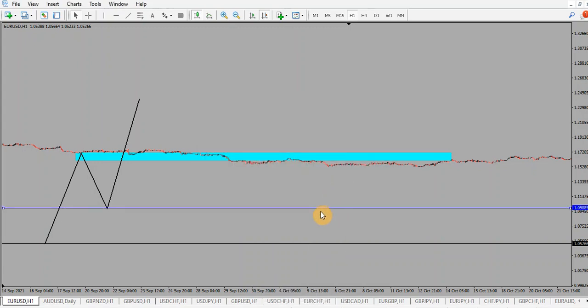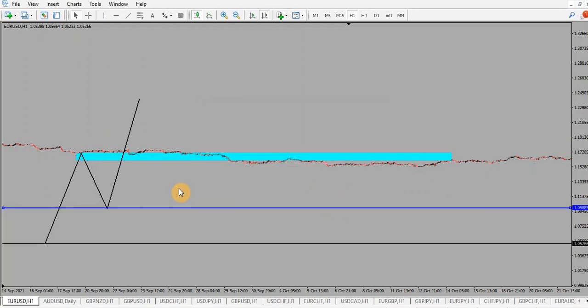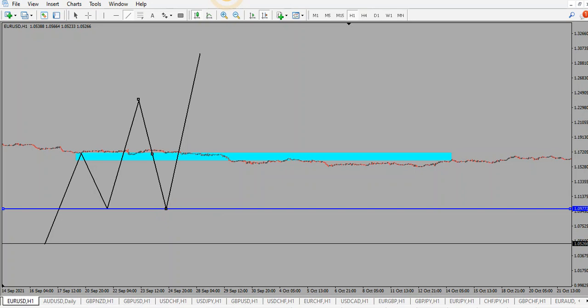So one thing again, what we need to look at is that looking at this, we know that price has to retrace, right? And then when price is retracing, the first option for us to place a trade is either going to be here, to take price to the upside, or it's either going to be exactly at our level to take price to the upside again, or it's either going to be to the downside to take price to the support.